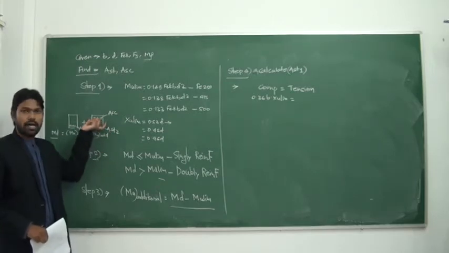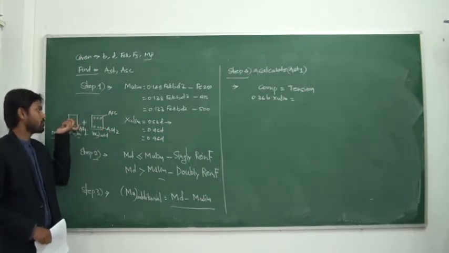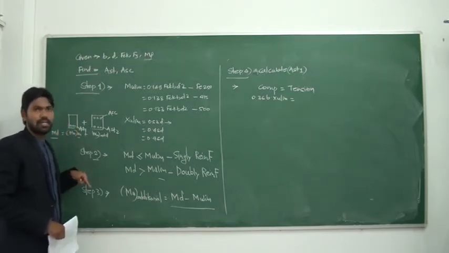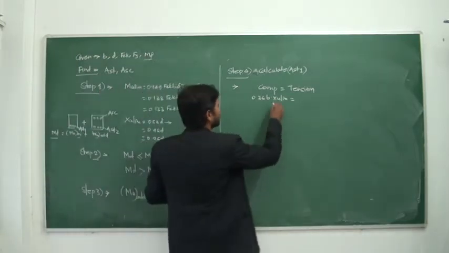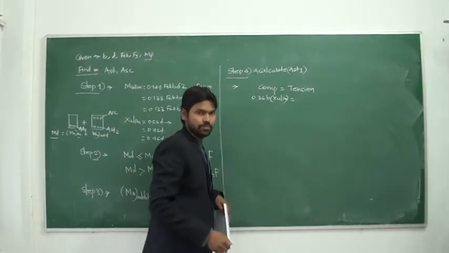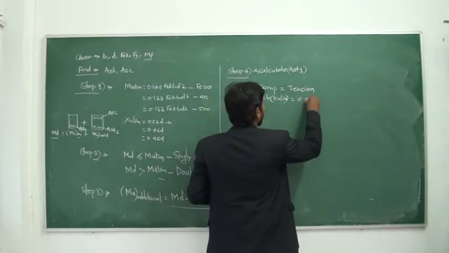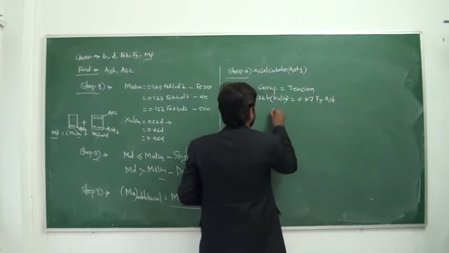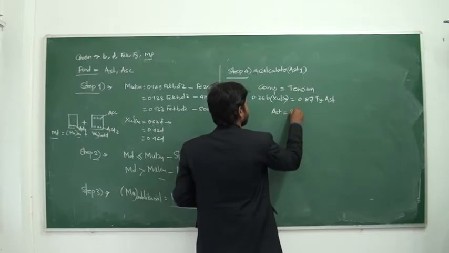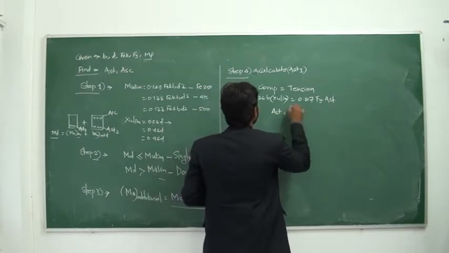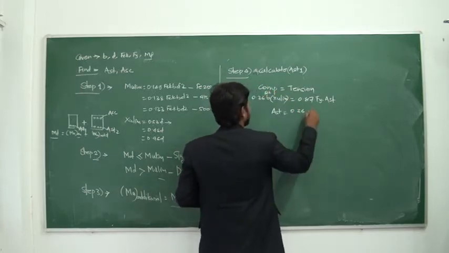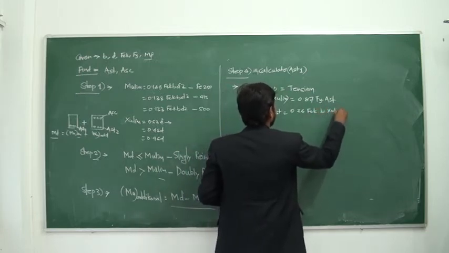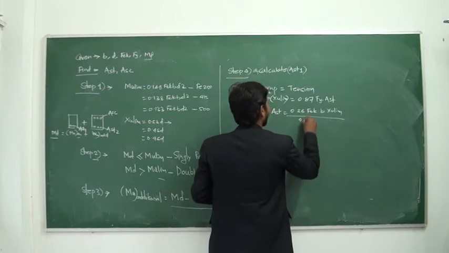Additional moment will be taken by this section, and the balance moment will be taken by this section. So steel is required for the balance, that is, for Mu limit. It means you have to take the Xu value as the Xu limit. Tension is equal to 0.87 fy into Ast. So if you substitute all the values, you will get Ast1 equal to 0.36 fck b into Xu limit divided by 0.87 fy.